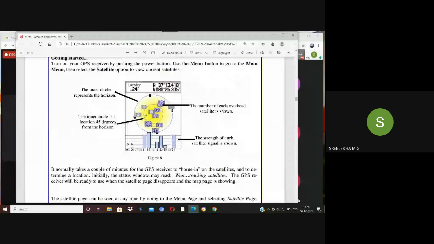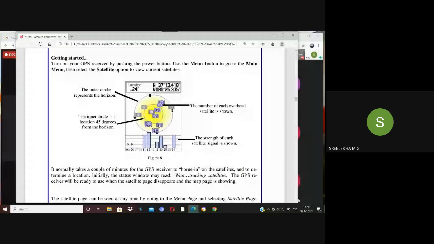Once you take the satellite page, you will get some details like this. These points are indicating the satellites. Just some numbers you can see: 3, 19, 25, 51, 23, like that. These are the satellites that are visible directly to our receiver. That is highlighted here.